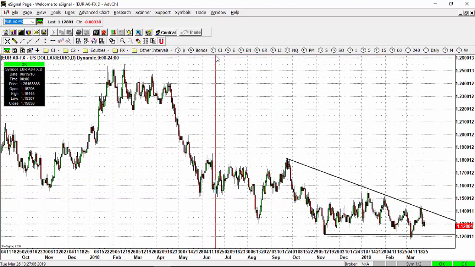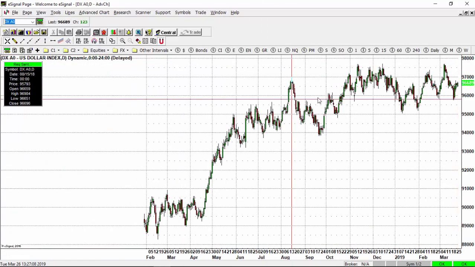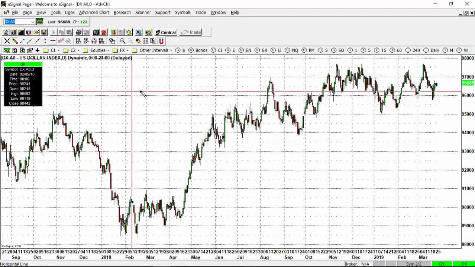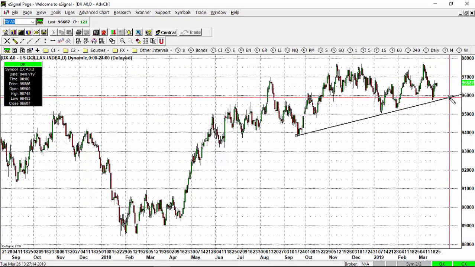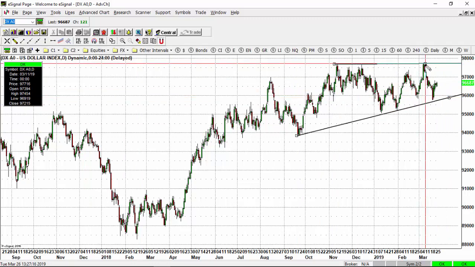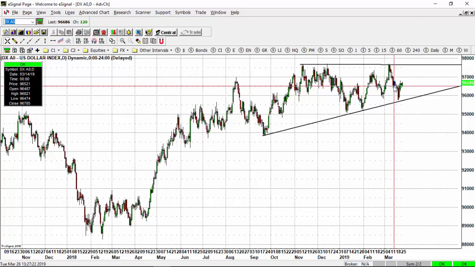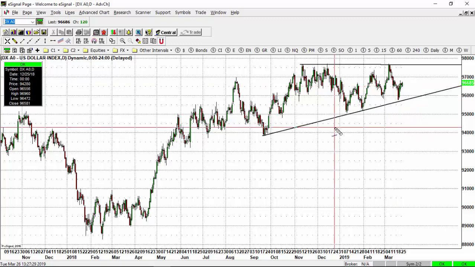This is because the US dollar index is still in consolidation and is looking to break to the upside. As I said before, naturally this can break to the downside because nothing is set in stone. So we could see a move to the downside here with the US dollar index. So that's something we're keeping in mind. But the bias right now is dollar positive.